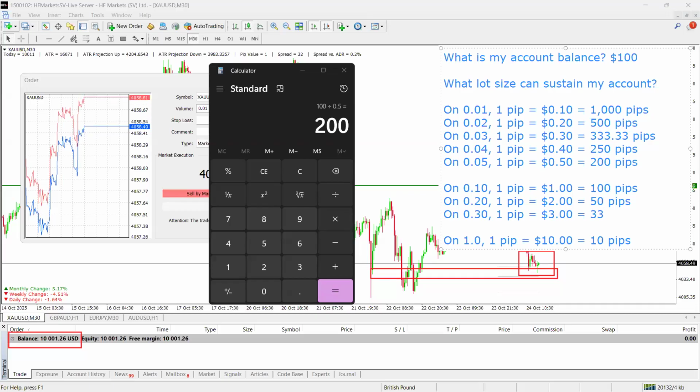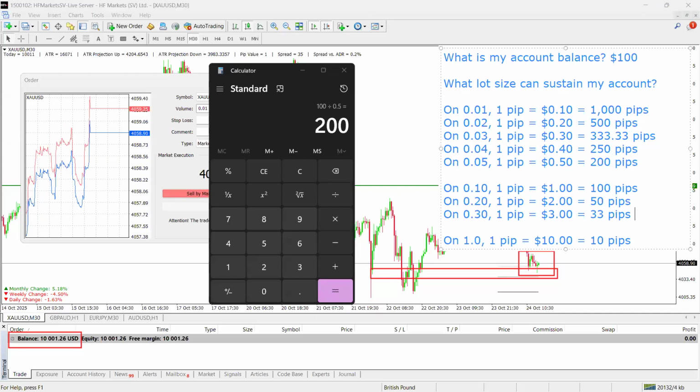You need to understand that your first goal is, okay, what preserves this account? Check the pip values of the lot sizes available that you have at the back of your mind. Use them to divide your account balance. If you're trading 0.01, use that 10 cents pip value to divide the account balance.